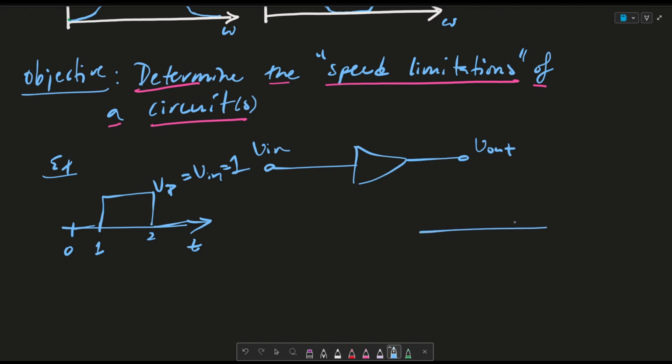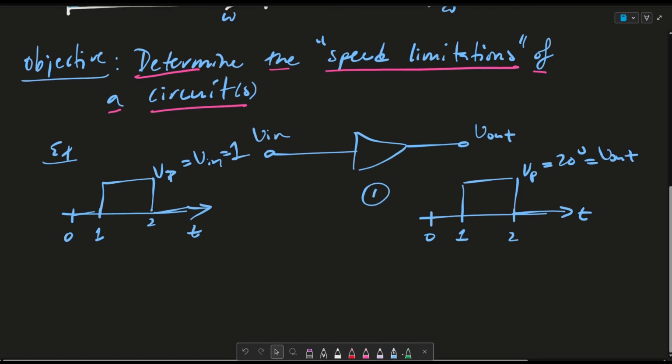We have two situations. The first situation is at 1, it reacts exactly the same as my input. So this is Vp, maybe it's amplified to 20 volts, and this is equal to V out.